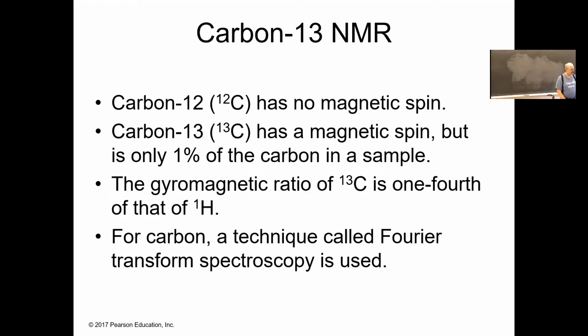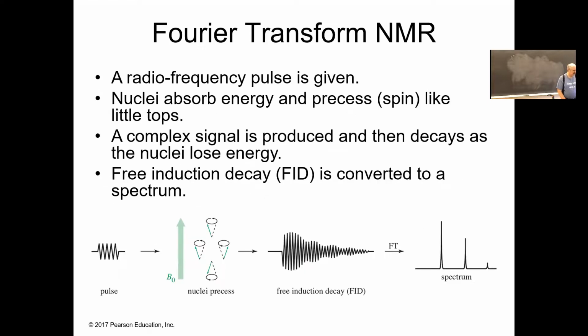And in fact, Fourier transform spectroscopy is also used in proton NMR. But this is important because we can take many, many scans, even thousands of scans, and average them to get a better signal to noise ratio.